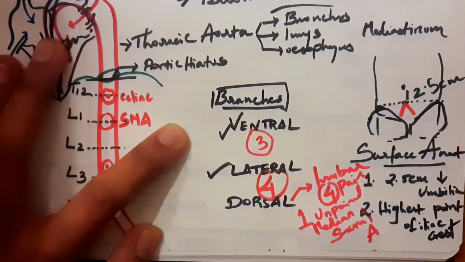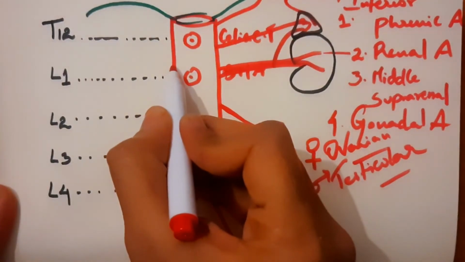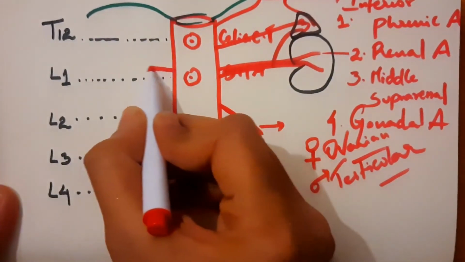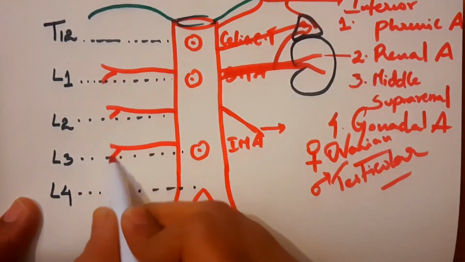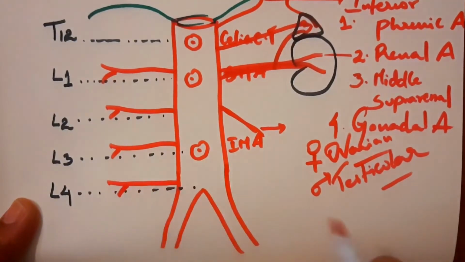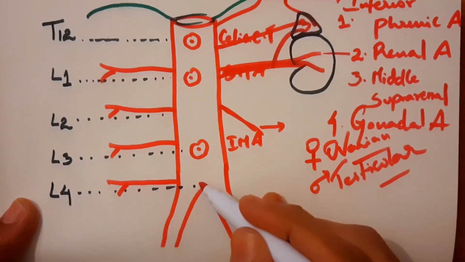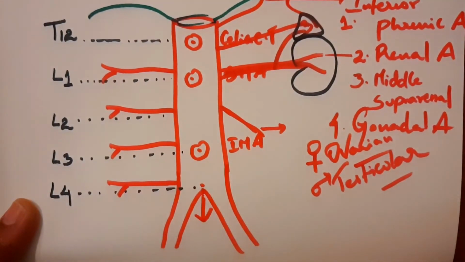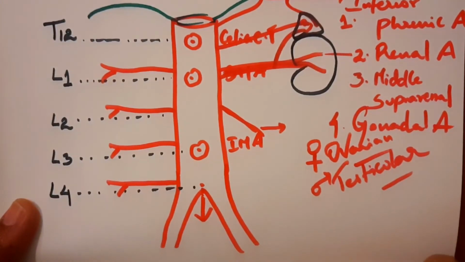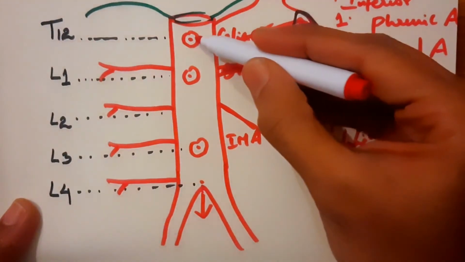So these are the branches from the dorsal side of abdominal aorta. 4 paired lumbar arteries at the level of L1, L2, L3 and L4. Whereas the median sacral artery arises just above the bifurcation from the posterior surface of abdominal aorta and it descends downwards, which is unpaired.